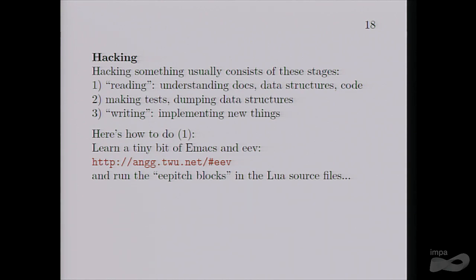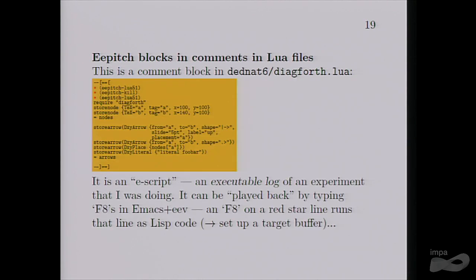Even if you don't use Emacs, it is trivial to learn a tiny bit of a package called EEV that is in this place here. And then we can run something that I call e-pitch blocks that are in comments in Lua source files. This is a comment block in one of the files of the .NET 6. So there's real code here, and this is a comment here that is ignored by Lua.